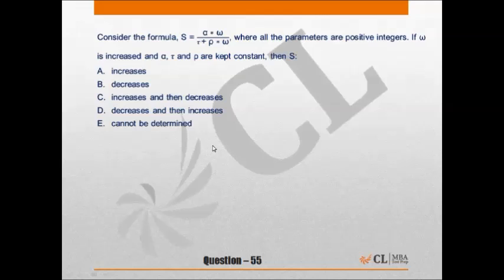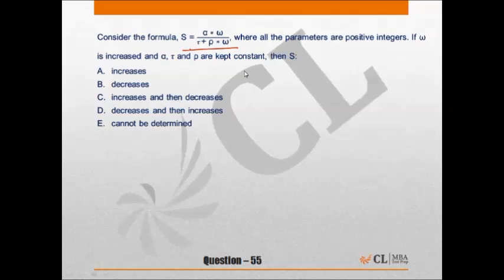In this problem it is given that S is equal to alpha into omega upon tau plus eta into omega, where all the parameters are positive integers.